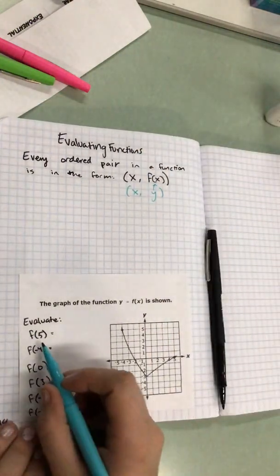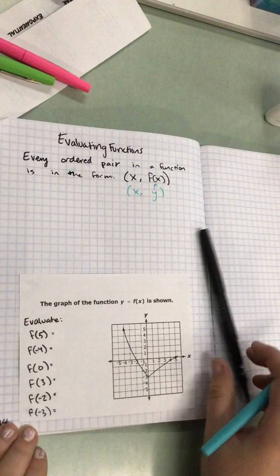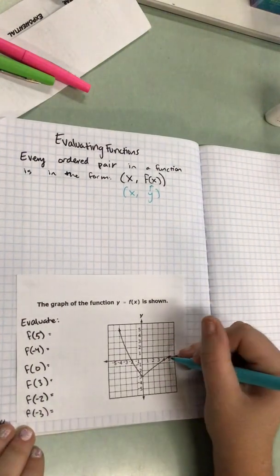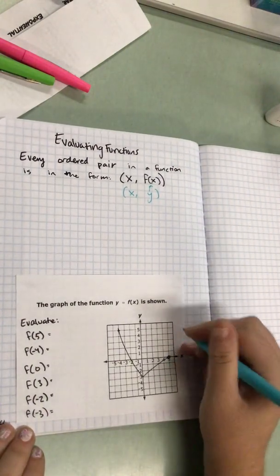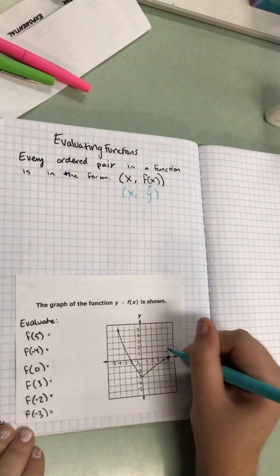So when x equals 5, what is the y value? Let's see. At 5, it's right here. Looks like it's 5, 0.